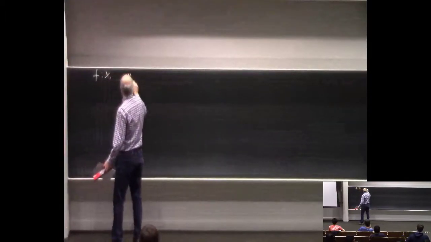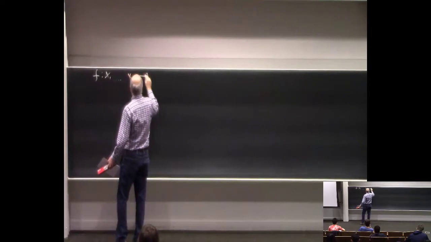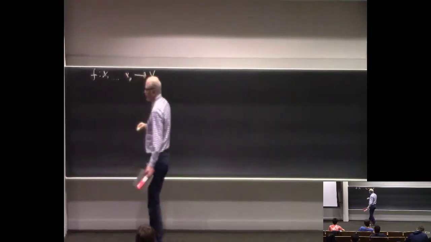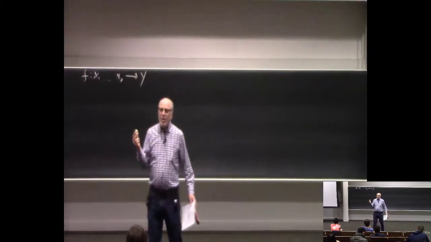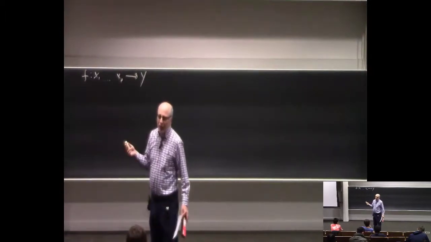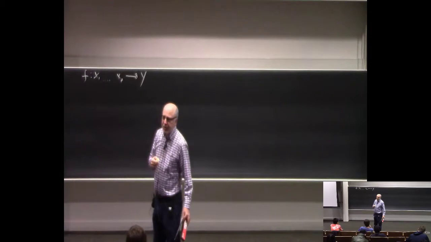When we started talking about machine learning, we phrased it as learning a function from some x, or a bunch of x's, into a y. We said there is some target function out there, and we're going to try to learn it from examples.